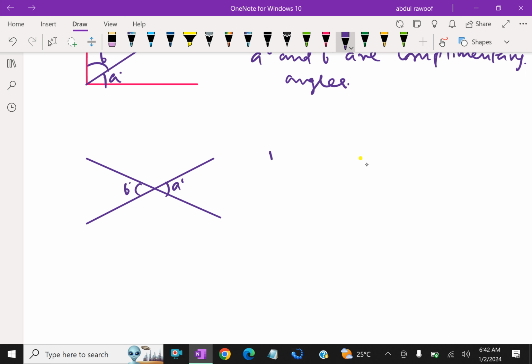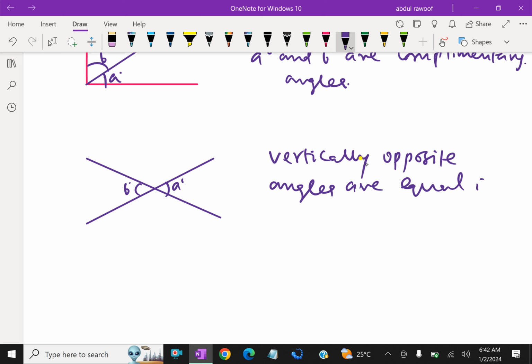Here, angle A and angle B are vertically opposite angles. Those are equal. As well, you can get another set of vertically opposite angles here and there. Suppose we name them C and D. Then angles C and D are also vertically opposite angles.